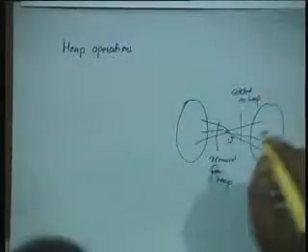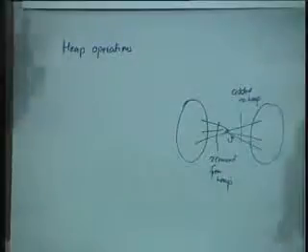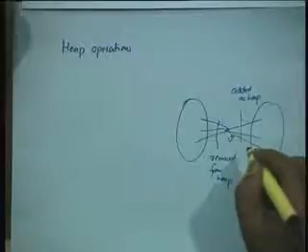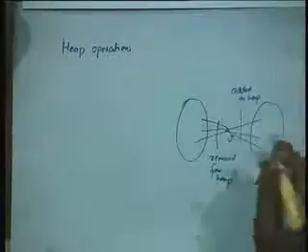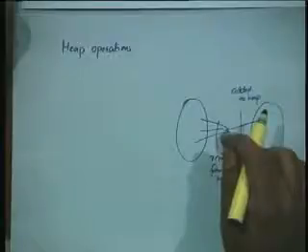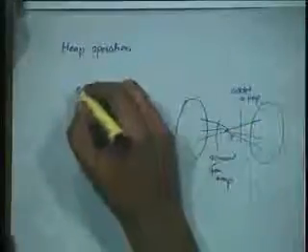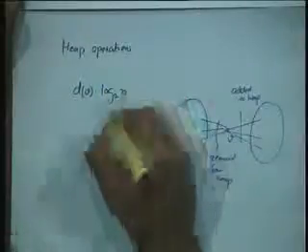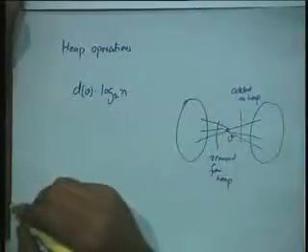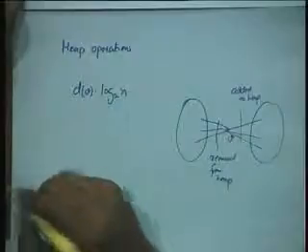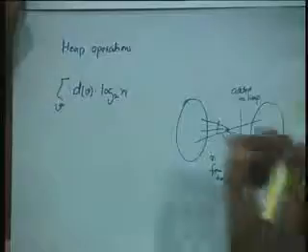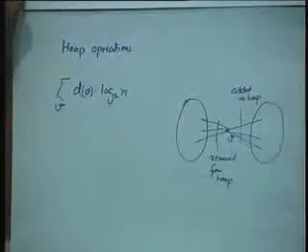Each remove and add takes log n time. So how much time am I spending? Degree of V times log n for every vertex that I process. And then this has to be summed over all the vertices, because I will process each vertex exactly once.